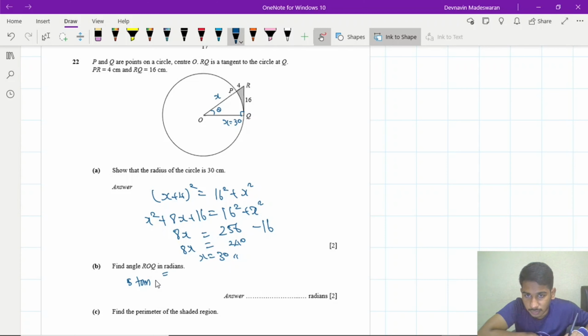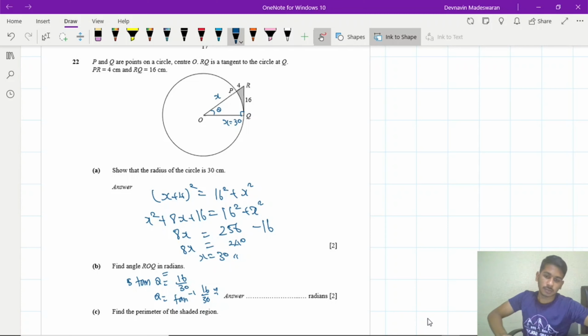Tangent of theta is equal to 16 over 30, and theta is going to be tangent inverse of 16 over 30, and we can just use the calculator.